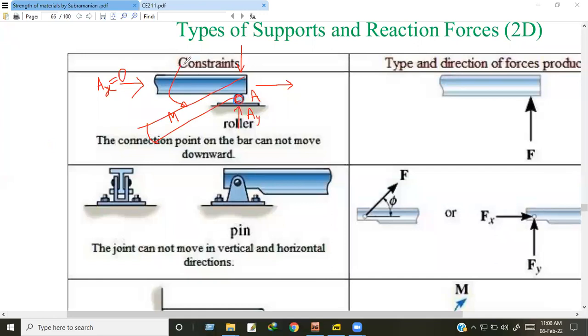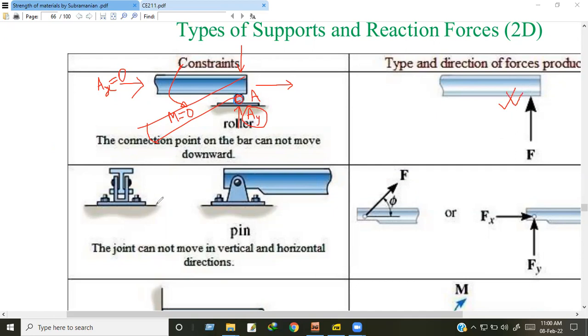If I apply the moment in this direction, then it rotates in this direction. So it cannot carry any moment, and that's why the moment equals 0. So from this we find only one reaction force, Ay, and the reaction force is shown here.